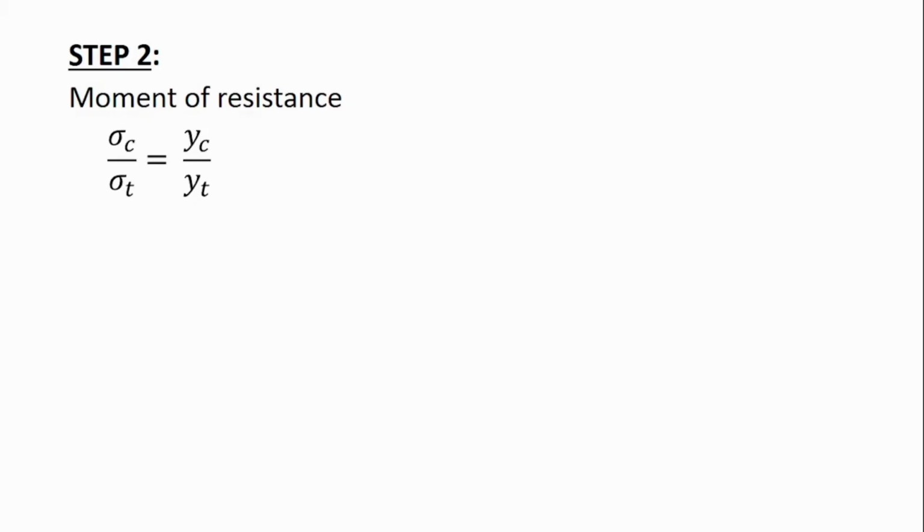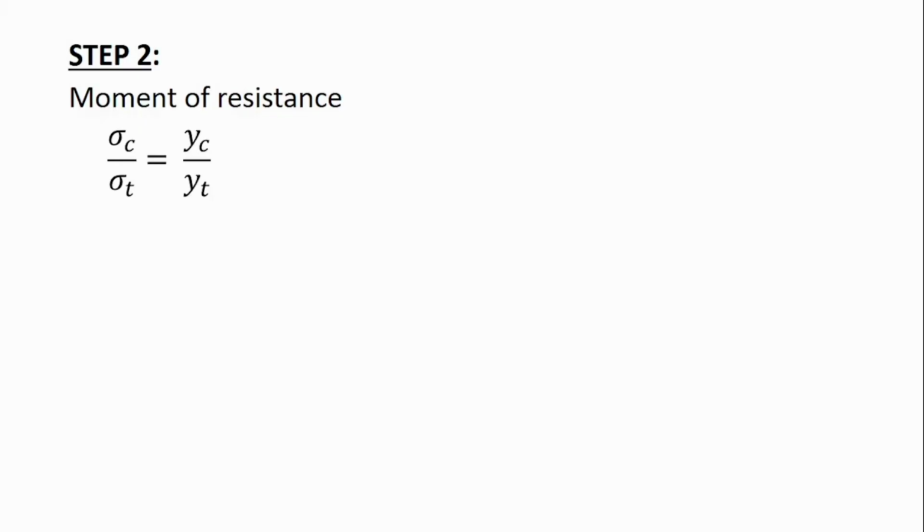Permissible stresses in compression, sigma C, and permissible stress in tension, sigma T. Now, this expression is used to test if we are within the safe range. So now we assume that the tension is at maximum.